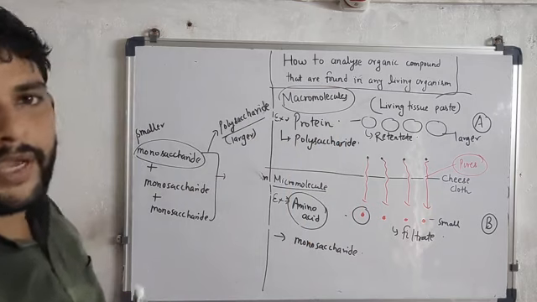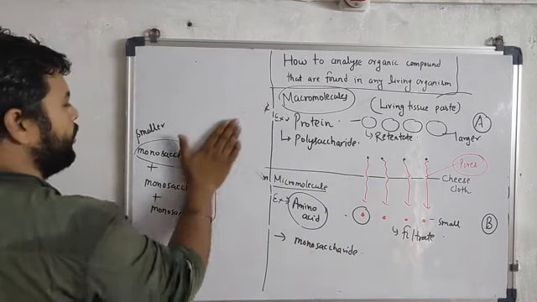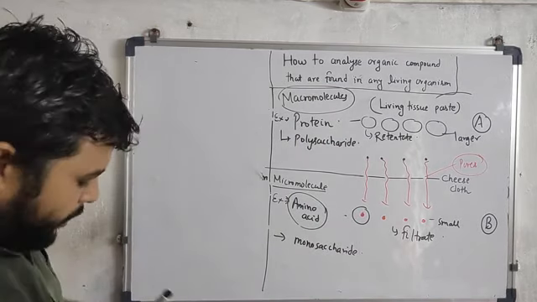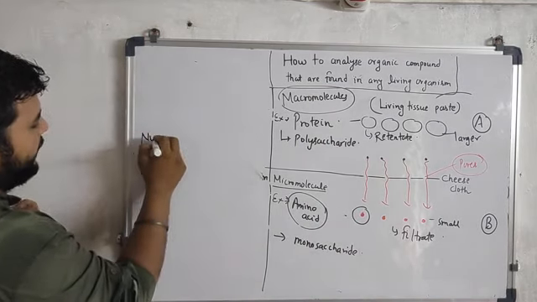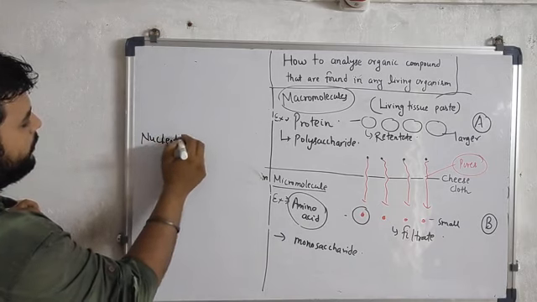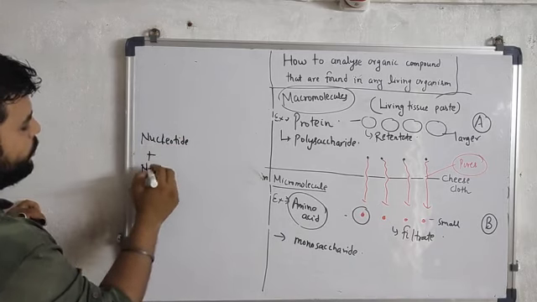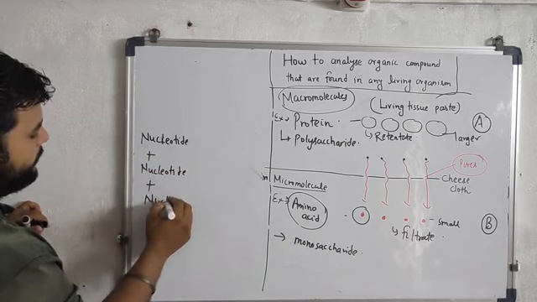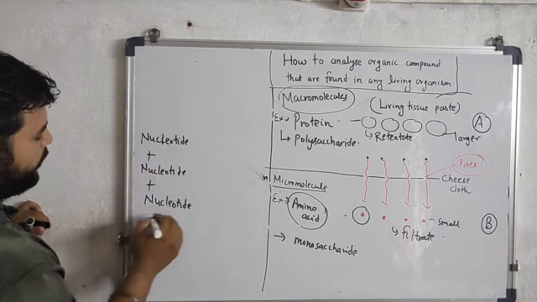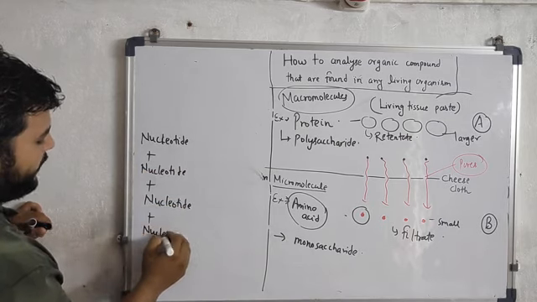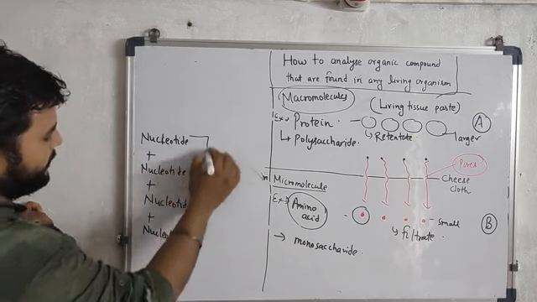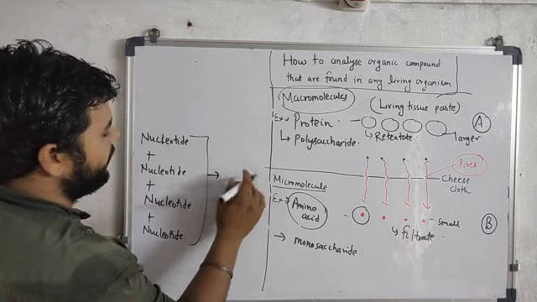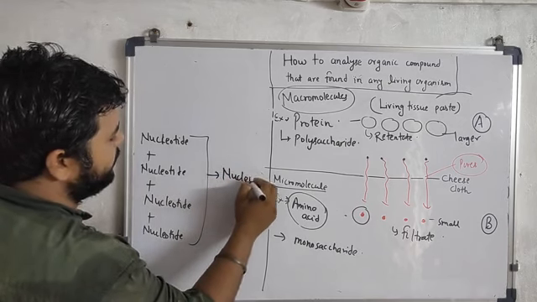Now the another example which we have to discuss: when several nucleotides combine, one nucleotide, two nucleotide, three, four nucleotide, they form a larger unit that is called nucleic acid.